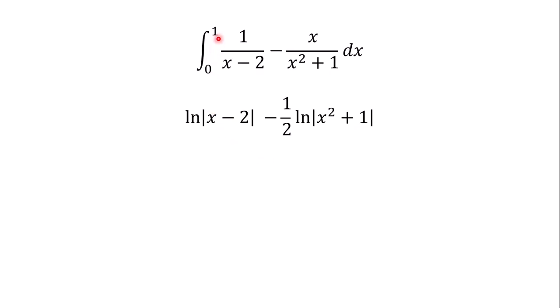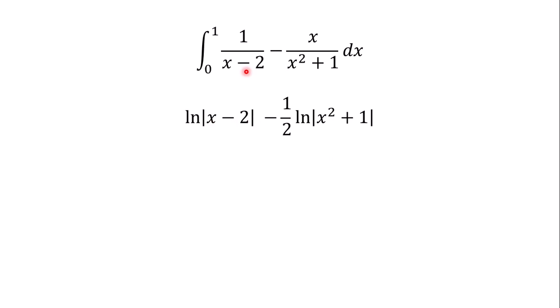The upper limit is the one on top here. The lower limit is the one down here. So we are going to put the upper limit into the whole of this, and then we subtract whatever we get after putting 0 into this one.